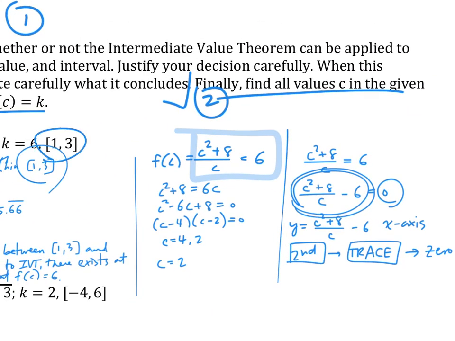So then you want to set the calculator so it only shows you 1 to 3. And then to do that, you would go to window. And then in window, when it says x min and x max, basically you want to set it so that it's just 1 and 3. So then you don't see more than that, or else you may get confused. Okay, if you do that, you're also going to get the same number, x equals 2.